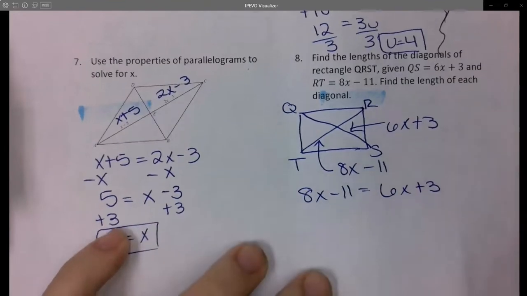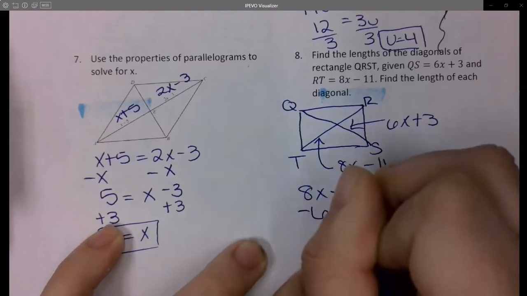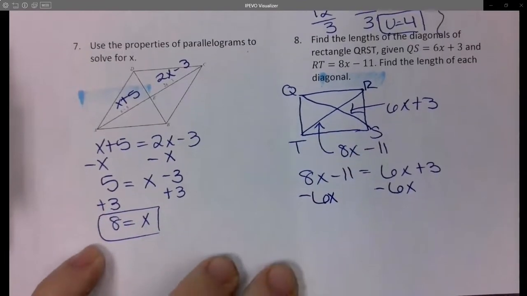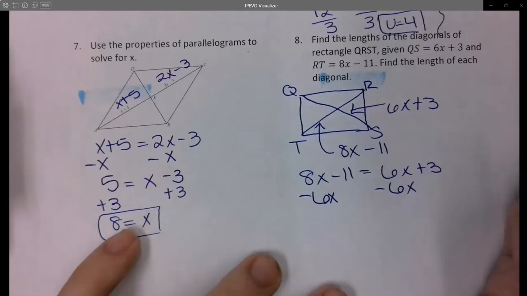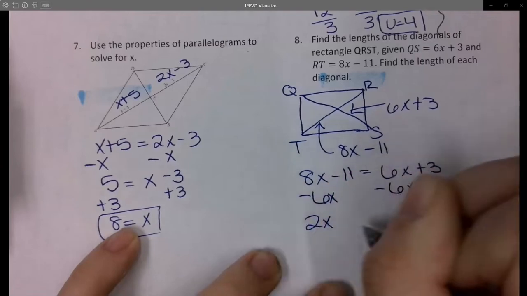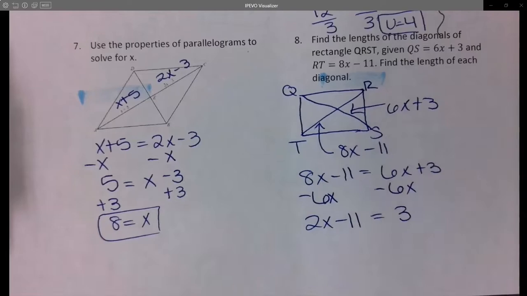Then, just like before, I want to get all of my variables over to the same side. So I'm going to subtract 6x on both sides. This gets me 2x on the left minus 11 equals 3.